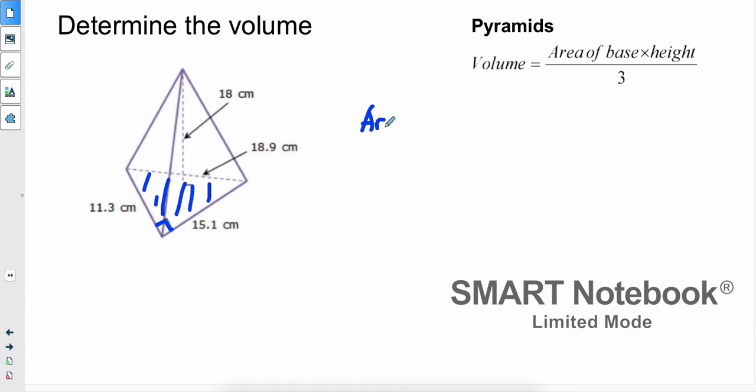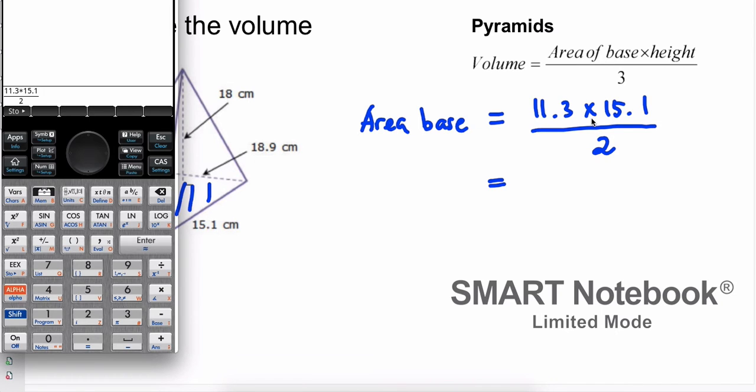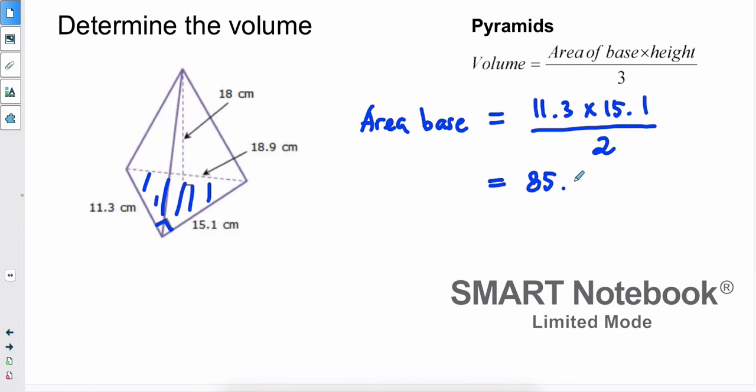So area of the base in this case is 11.3 times 15.1 divided by 2, and if you enter that in your calculator, you get 84.315, and the unit is centimeter squared.